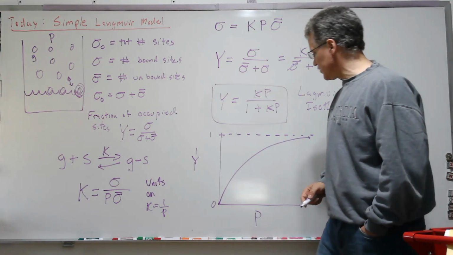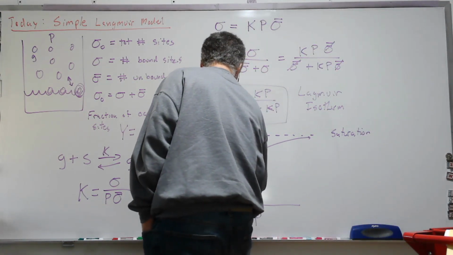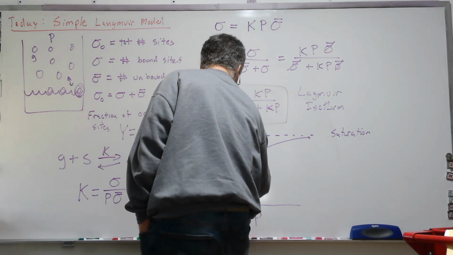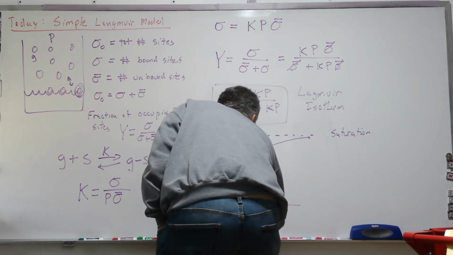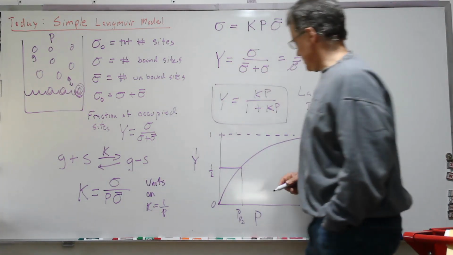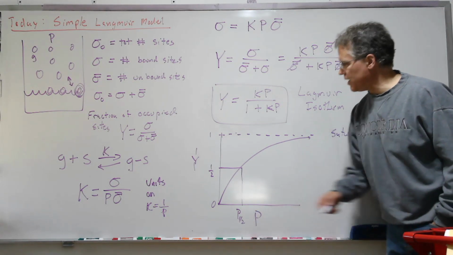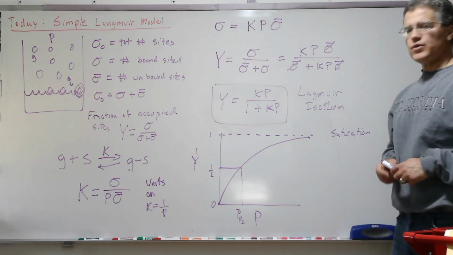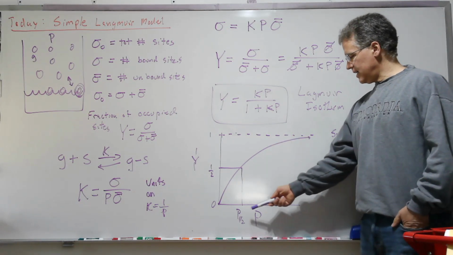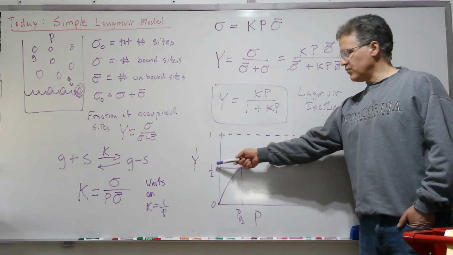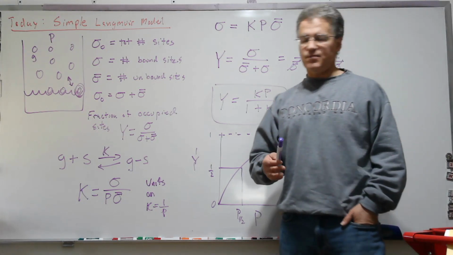So what's typically done is we consider the halfway point, and we'll call this special pressure P1/2. And so we can characterize a Langmuir isotherm by the pressure at which we get half of the sites occupied.